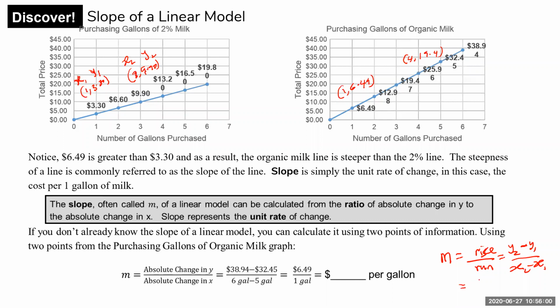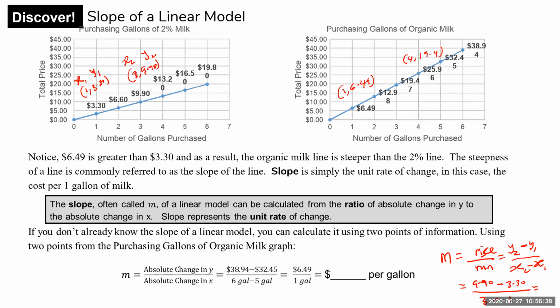So if I want to find the slope, so y2, I have y2 to be 9.90. So I'm taking the first graph minus y1, which is 3.30. If I take x2, x2 is 3 minus 1. Okay. If I do that, I should be able to find the slope. Now, so 9.90 minus 3.3.